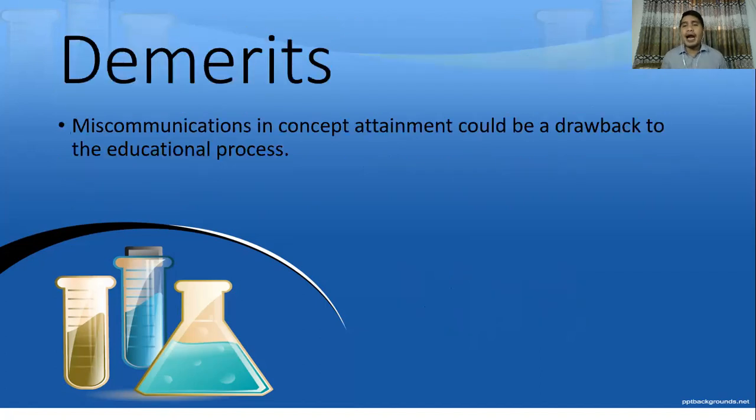Now, if there are merits, the concept attainment method has also demerits. But I think it's only one. So miscommunications in concept attainment could be a drawback to the educational process. So whenever you employ concept attainment method, you have to make sure that effective communication can take place because one of the drawbacks is the miscommunication of concept.